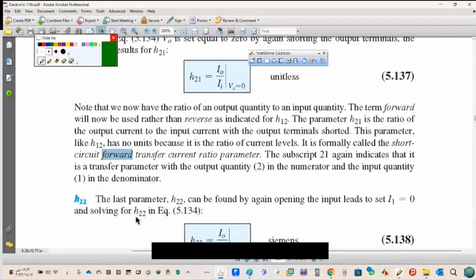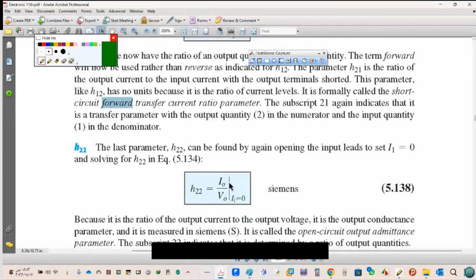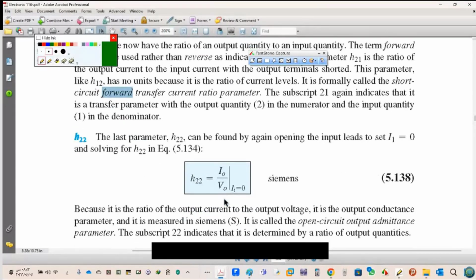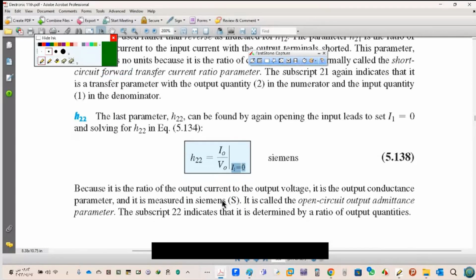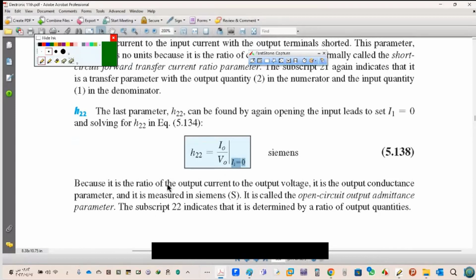Last parameter is H22. It's IO over VO, when II is 0. Because it's a ratio of output current to output voltage, it is in Siemens or ohm to the minus 1, and it's called the open circuit output admittance parameter.